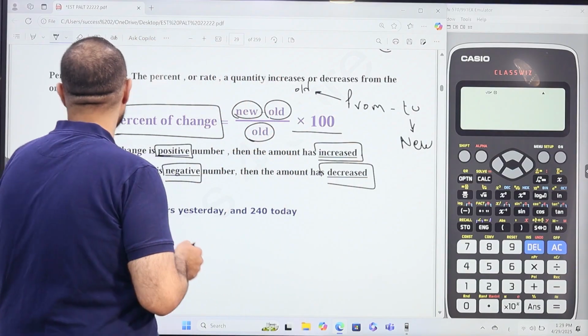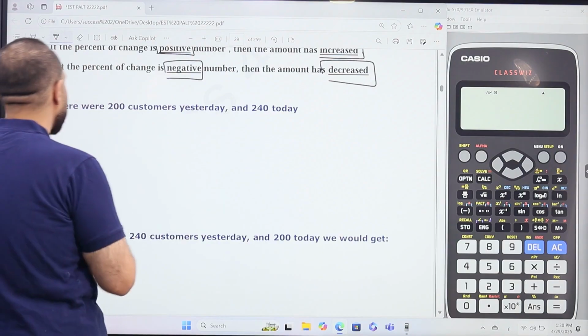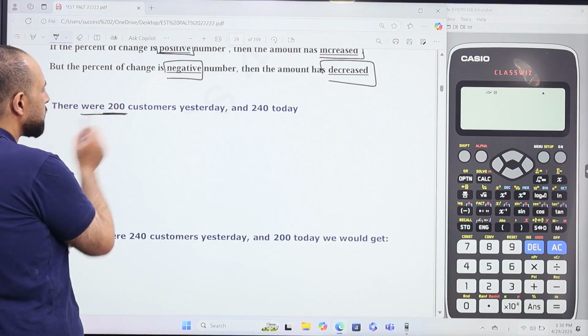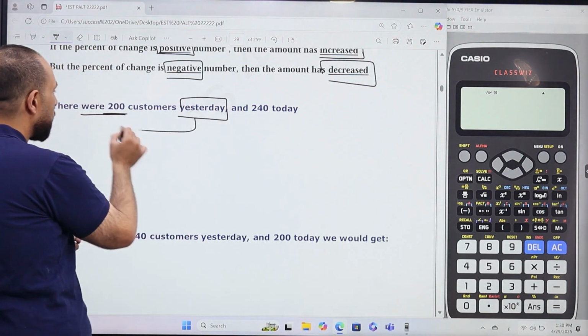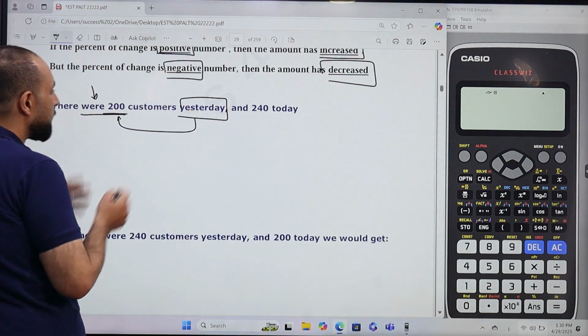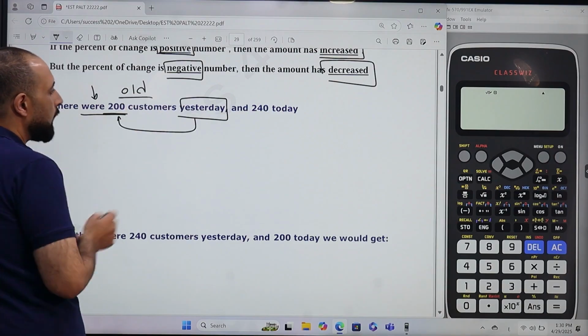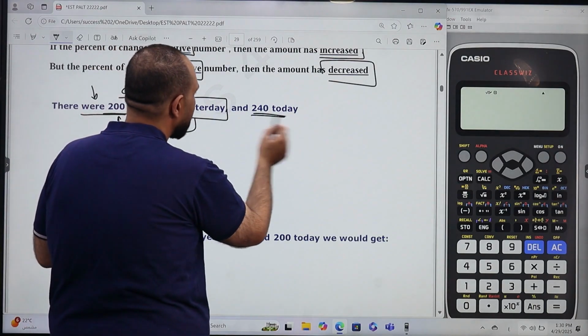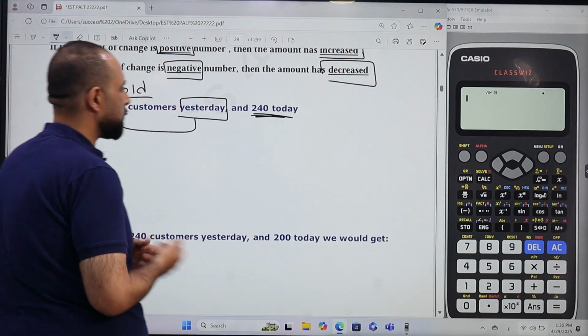Like that example, he says there were 200 customers yesterday. Yesterday or "were" means the old. And today 240. He says, what is the change?